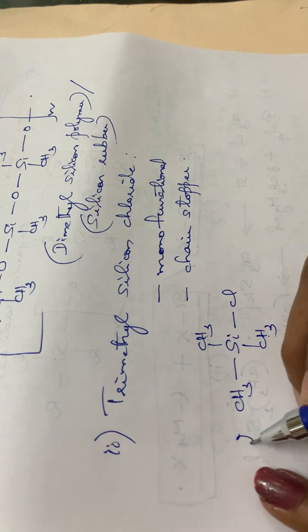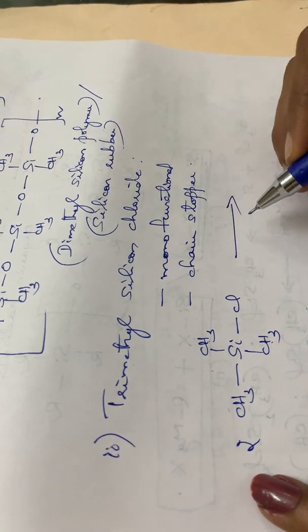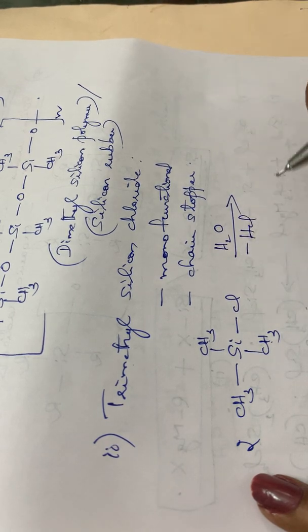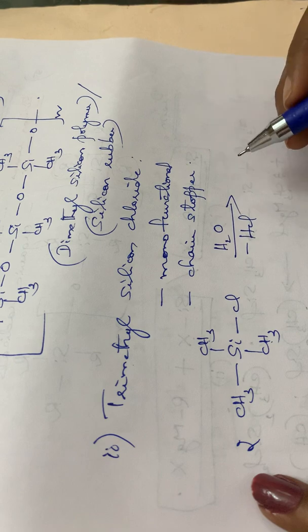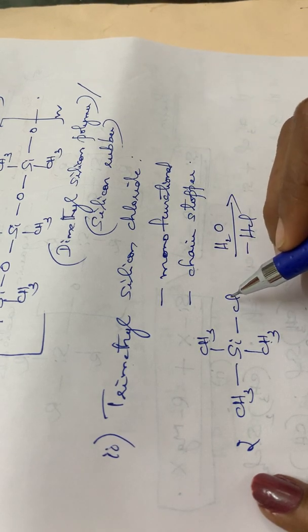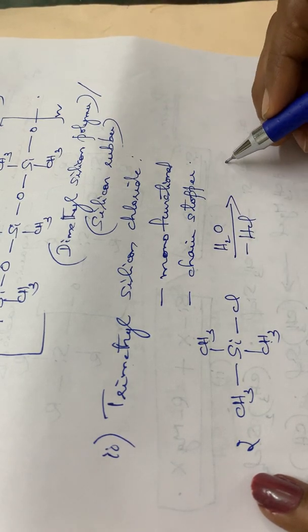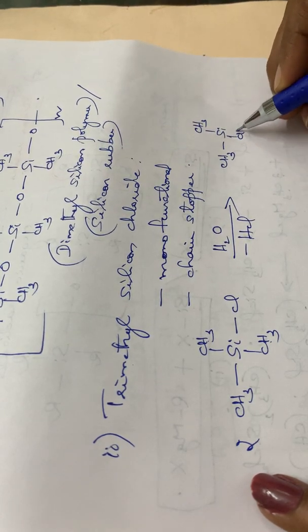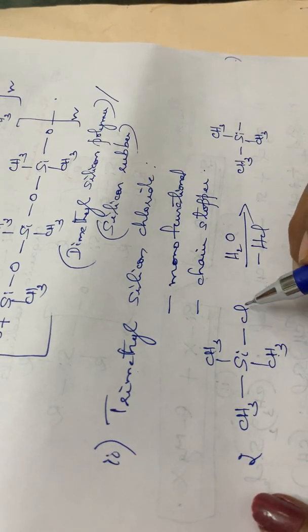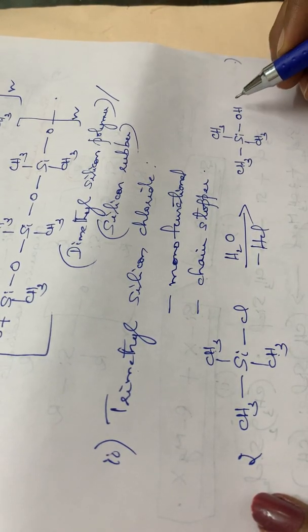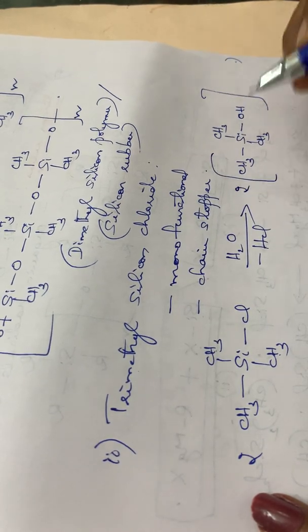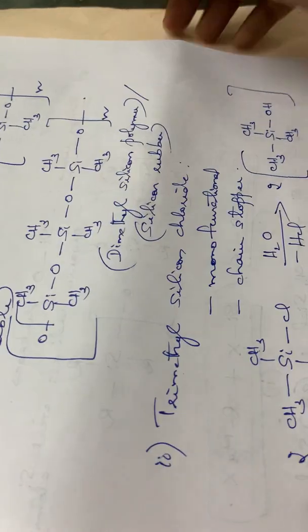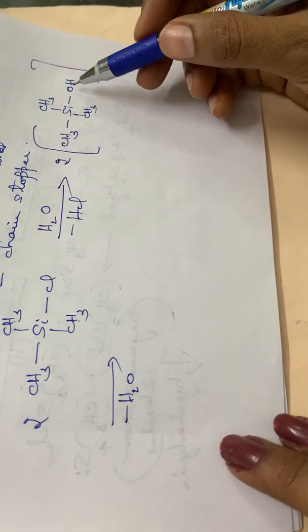So 2 molecules of this compound combine. On hydrolysis, 1 HCl will be removed, so the Cl will be replaced by 1 OH group. We will have CH3, Si, CH3, CH3, and here OH, for 2 molecules of this compound. In the next step, minus H2O from these two molecules.